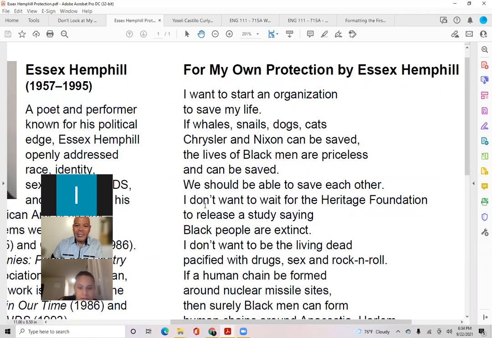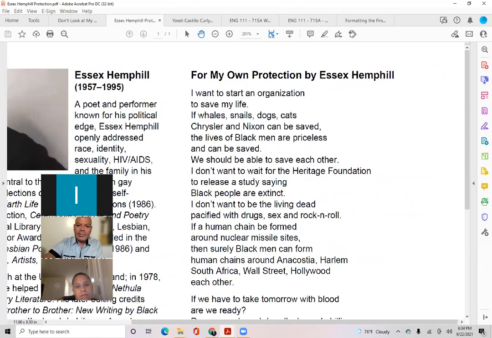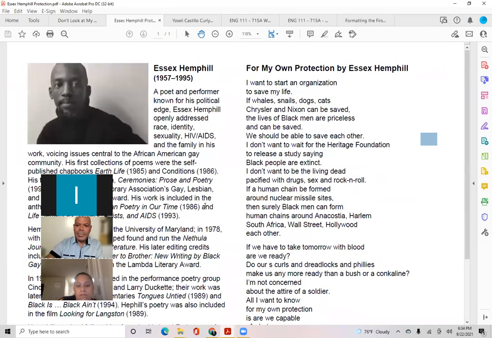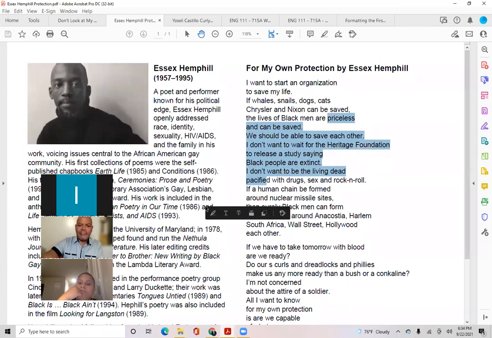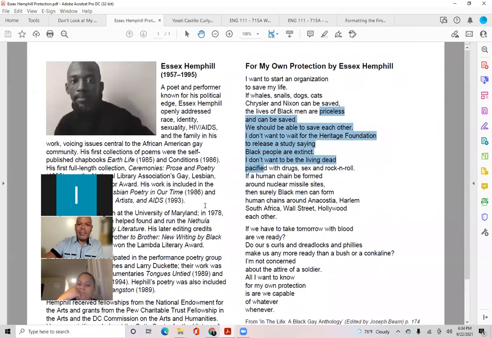I can see the start and where it goes to Black men can form, and then it cuts off. You have it zoomed in. I need you to zoom out a little bit. Like that? Yes, some more. Zoom out some more. One more time. Perfect. That's great. Thank you. All right.